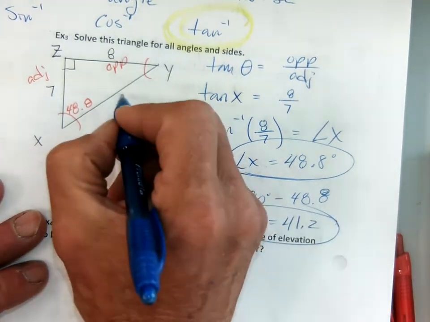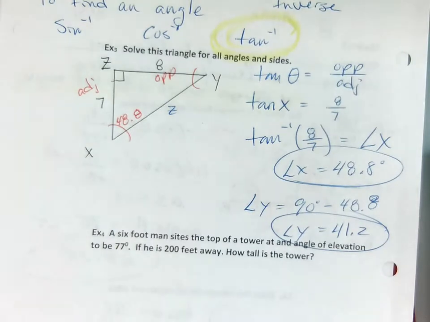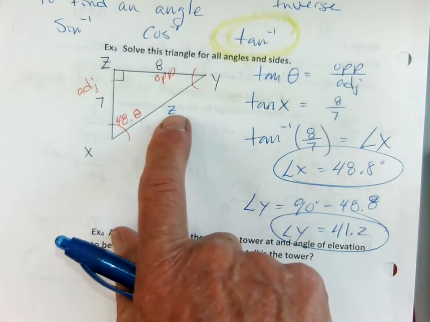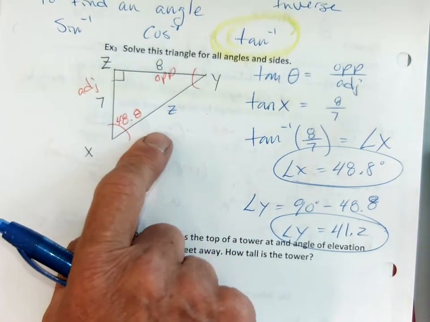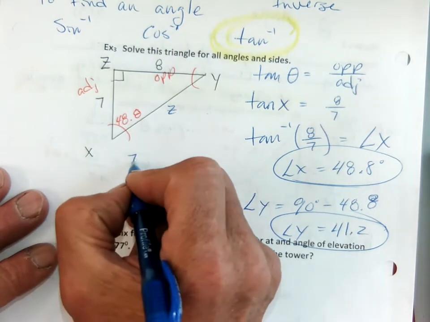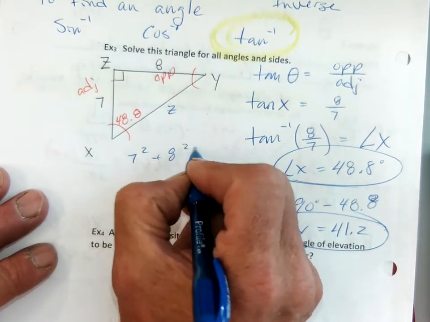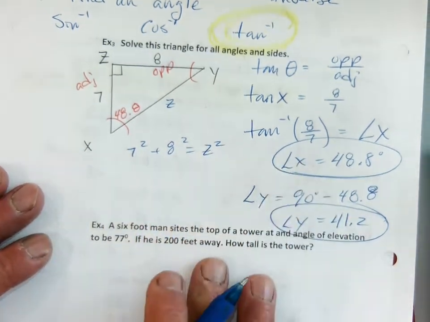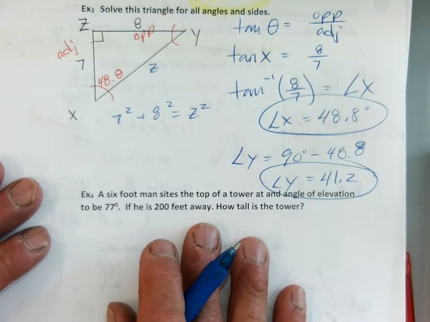And then what about side z? Let's take Michael's suggestion. Michael, what would you suggest to find side z? Use the Pythagorean. Don't you guys agree? You could use trig, but I like Michael's idea. They're nice numbers, so just 7 squared plus 8 squared equals z squared, to find side z.